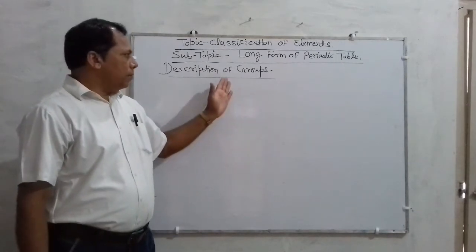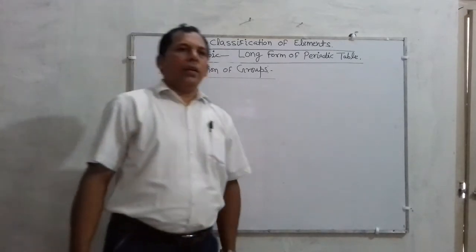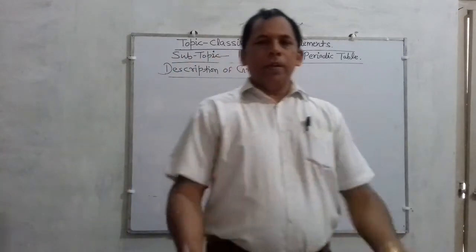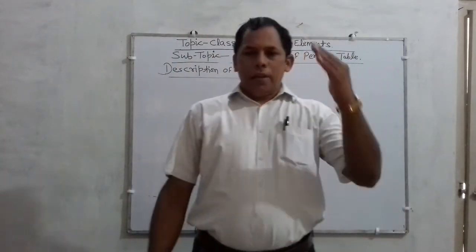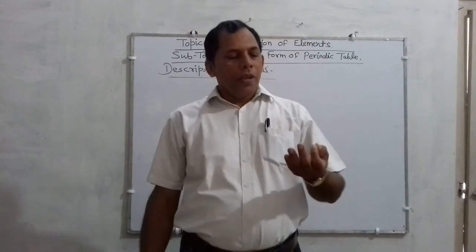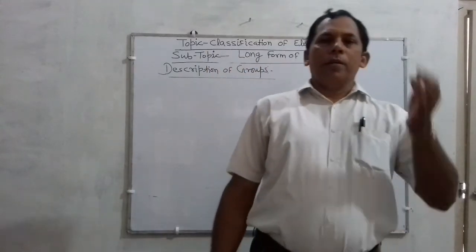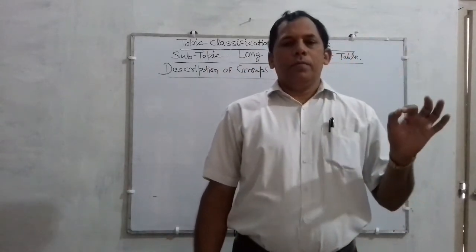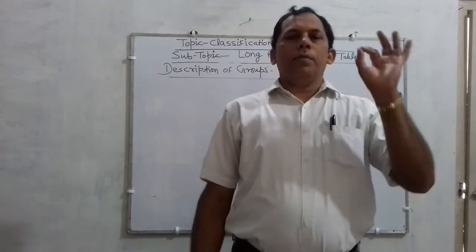For the removal of those anomalies or demerits, in 1984 IUPAC recommended a new scheme for the nomenclature of groups.